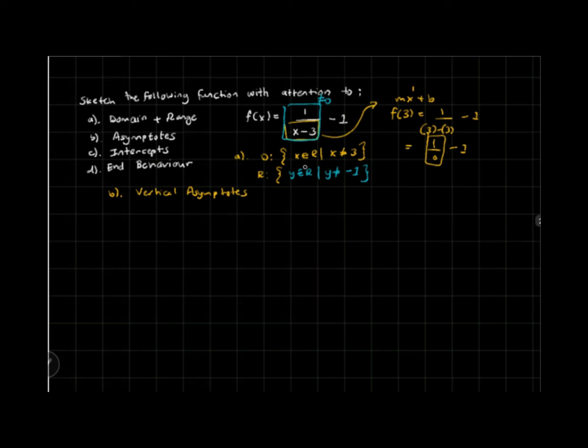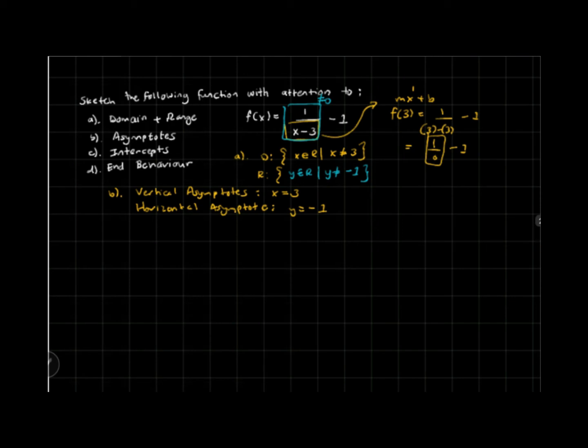So the vertical asymptote in this case is x is equal to 3. The horizontal asymptote in this case is the restriction on the range, which is y is equal to negative 1. So that's what you want to try to understand.